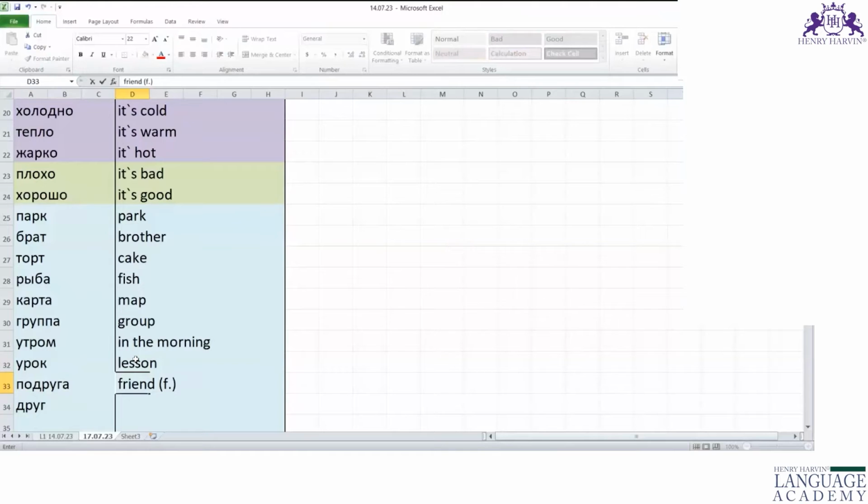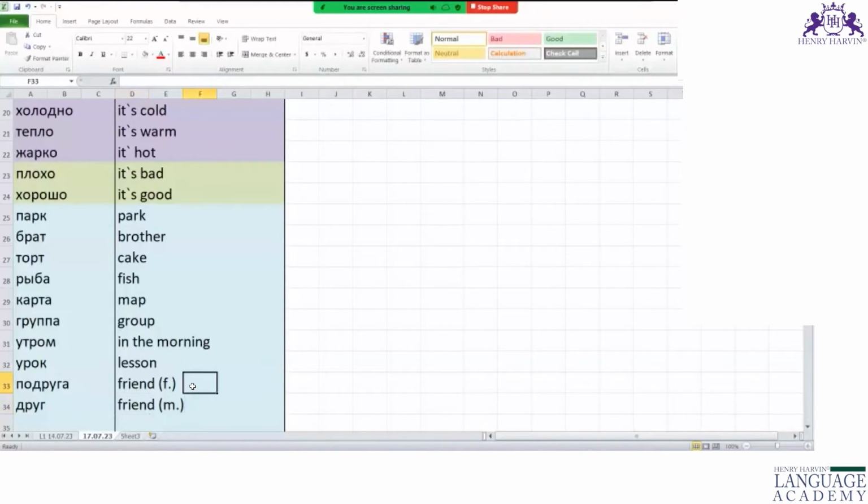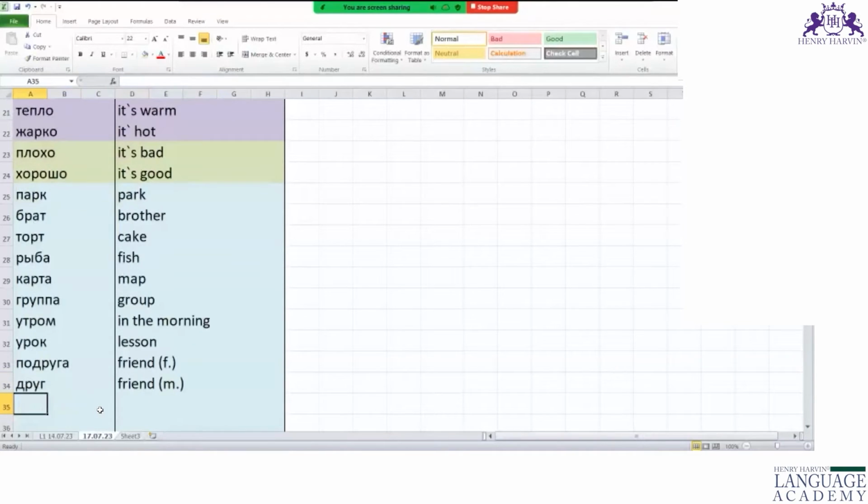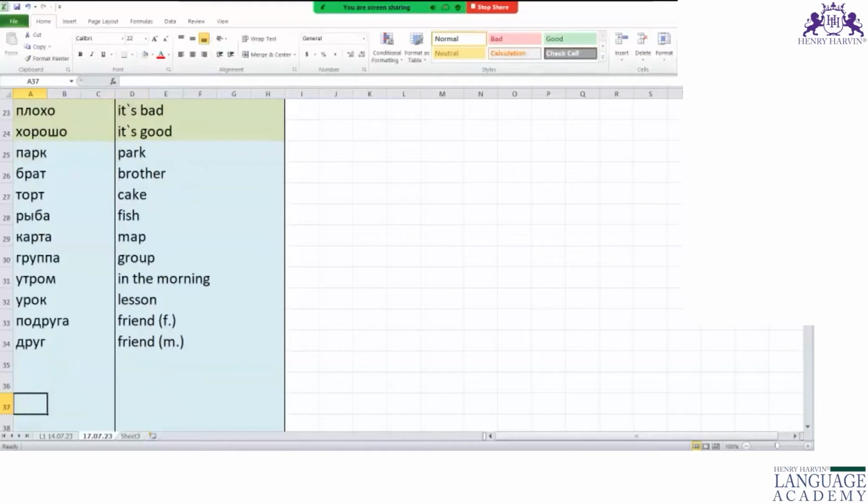And друг is a friend, but masculine. So for people, we have clear genders when we say who it is. Подруга is feminine, друг is masculine. Okay, did you write them down with me? We will have a few more new words and then we'll start reading texts and making sentences.